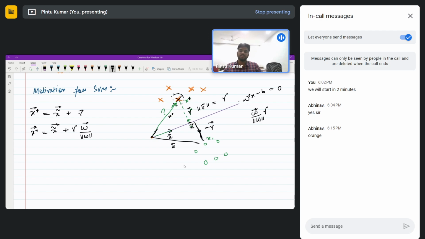We can obtain a similar thing here also, that is, x minus equals x tilde minus gamma W by norm W. Let's call this equation 1 and this equation 2, right?